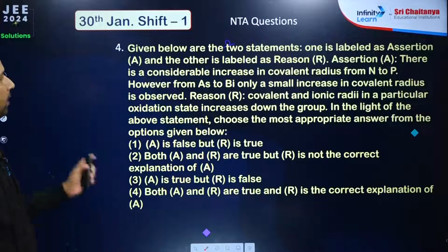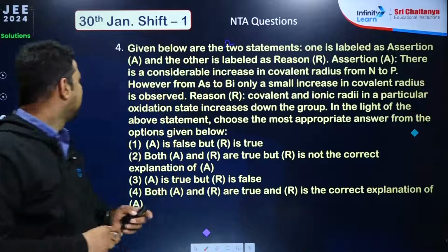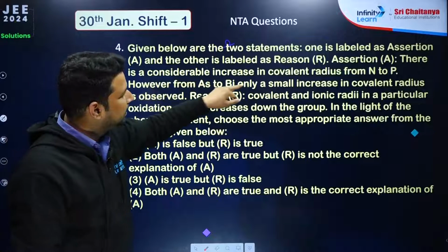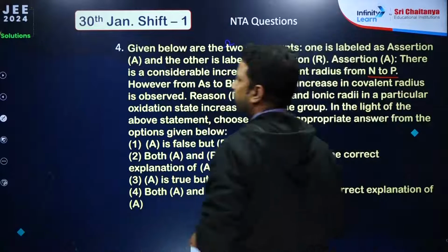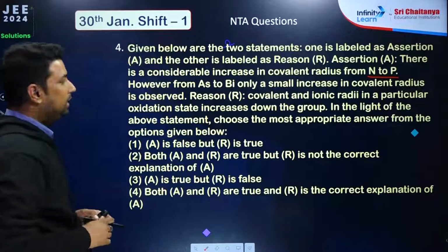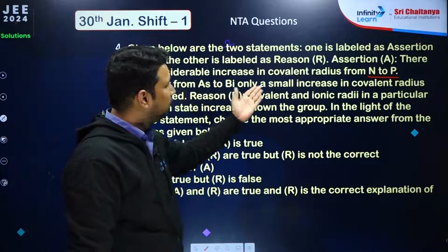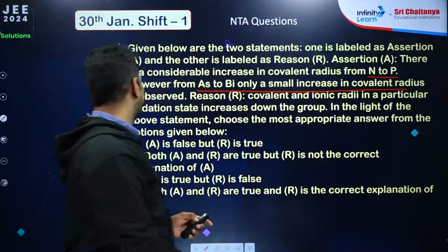Question number 4. Given below are two statements, one labeled as assertion, basically an assertion reason question. So let's read the assertion. There is considerable increase in covalent radius from nitrogen to phosphorus. However, from arsenic to bismuth, only a small increase in covalent radius is observed.